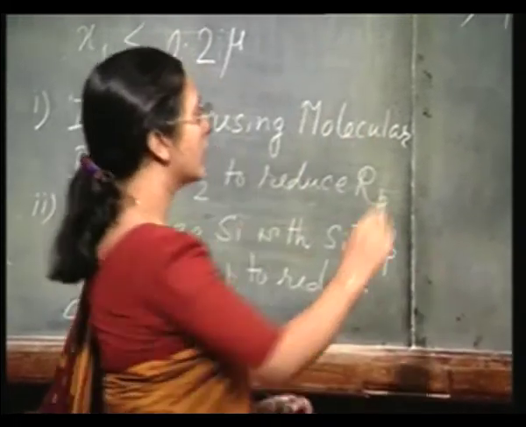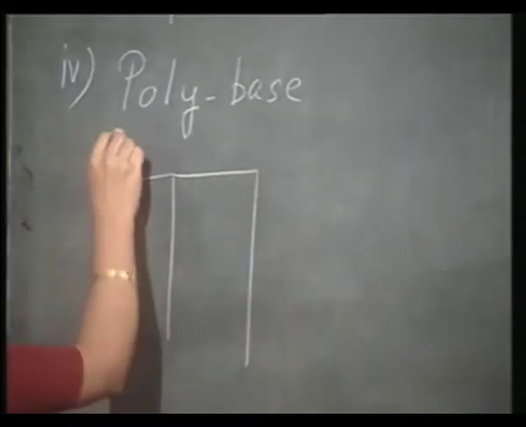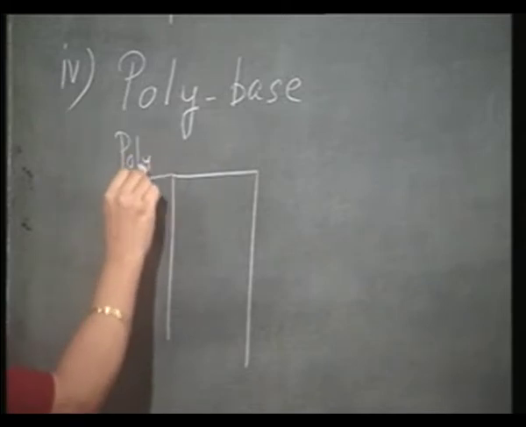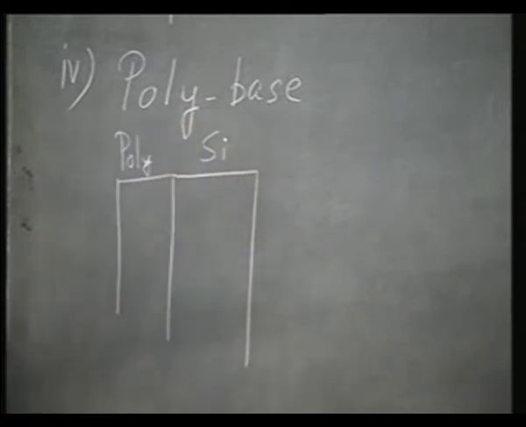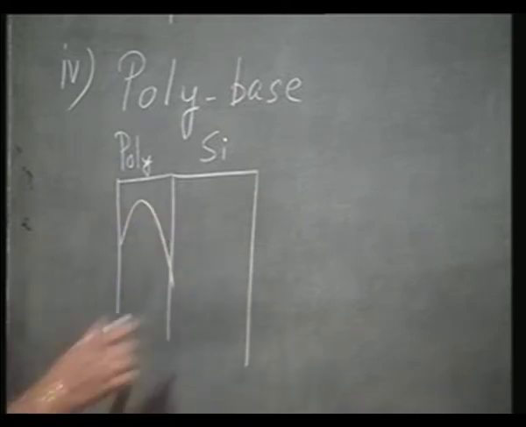That is to say, this is my poly and this is my crystalline silicon. You do the implantation so that it is right here, nothing goes into the crystalline silicon.